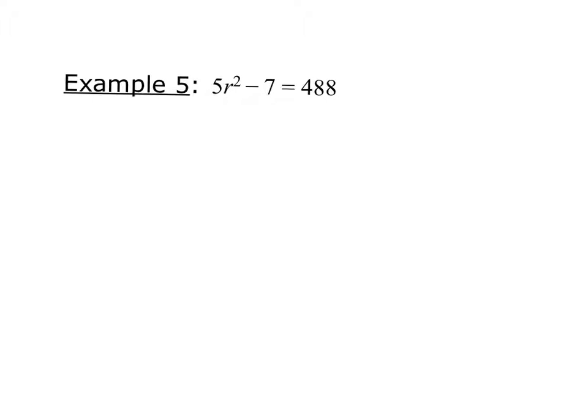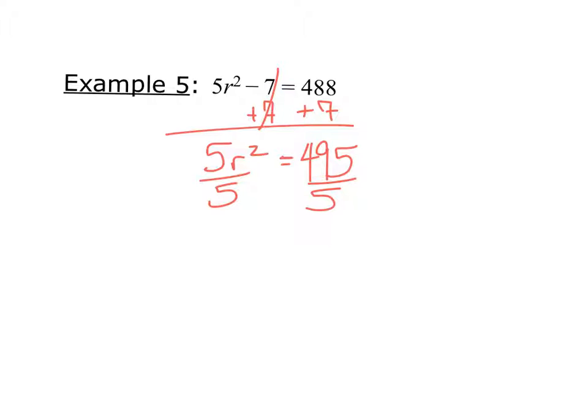All right, so we've got 5r squared minus 7 equals 488. So we've got to add 7. You're exactly right. So that's going to give me 5r squared is 495. Beautiful. All right, and then divide by 5. So r squared is 99.